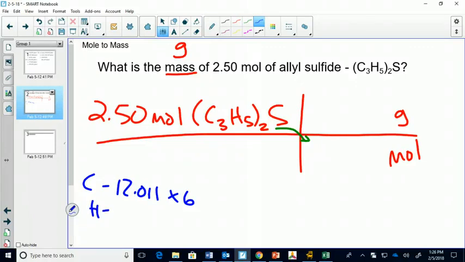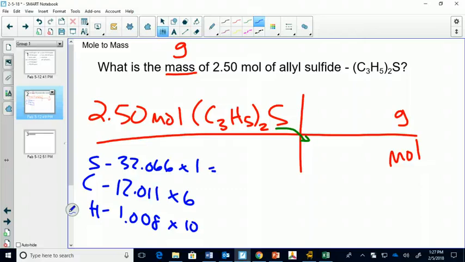Okay, hydrogen has a mass of 1.008. And I'm multiplying it by how many? 10. By 10. Good. And sulfur has a mass of 32.066, and I'm multiplying it by just 1, right? Cool. So 32.066.